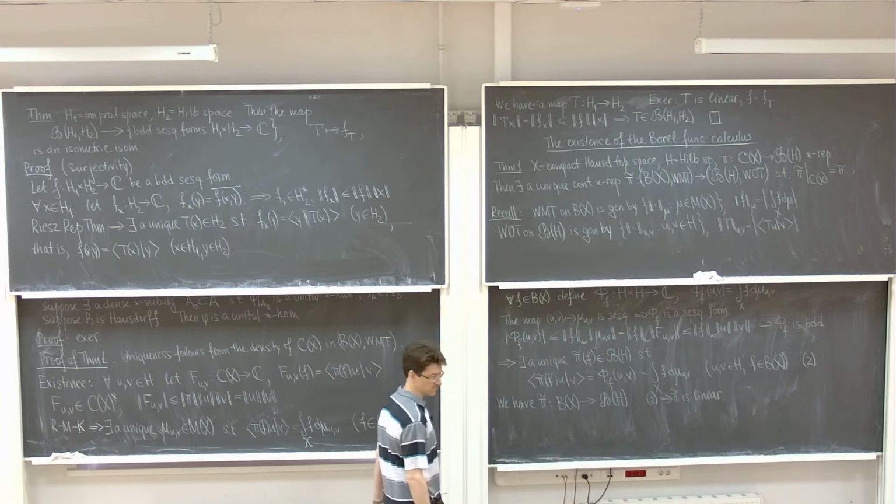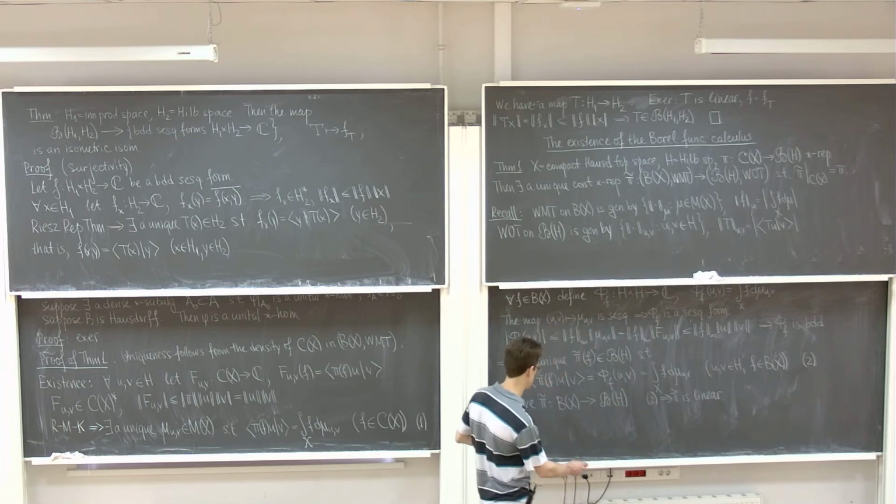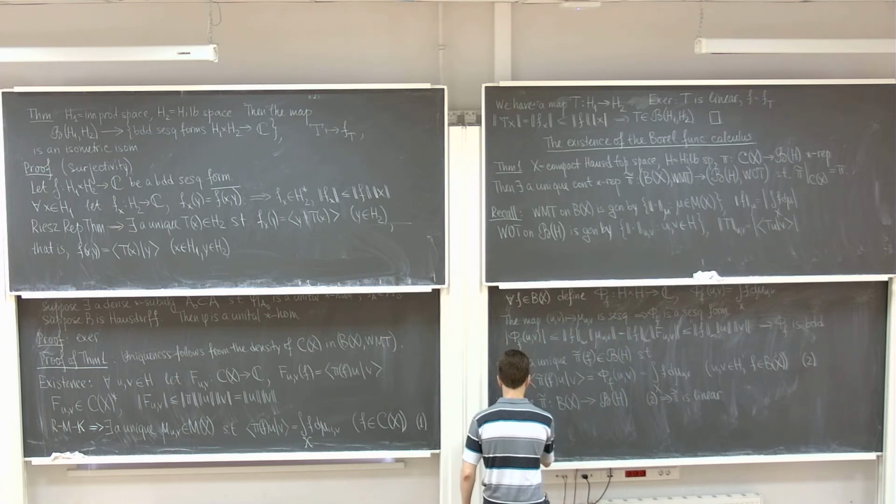Okay, let's now show that pi tilde is continuous with respect to the weak measure topology here and the weak operator topology here. And this is actually trivial for the following reason.